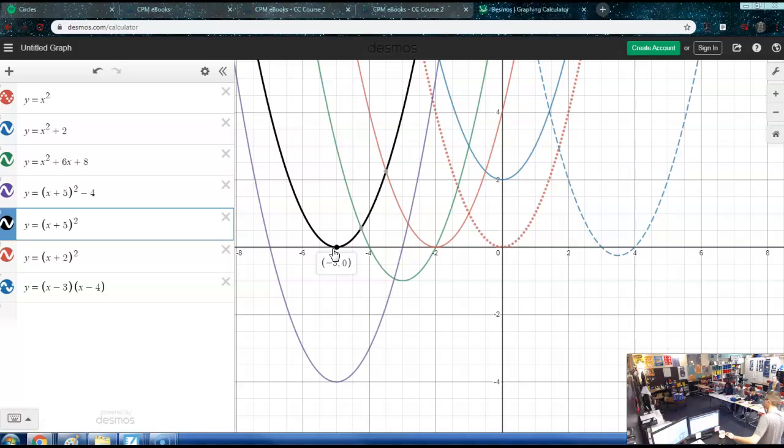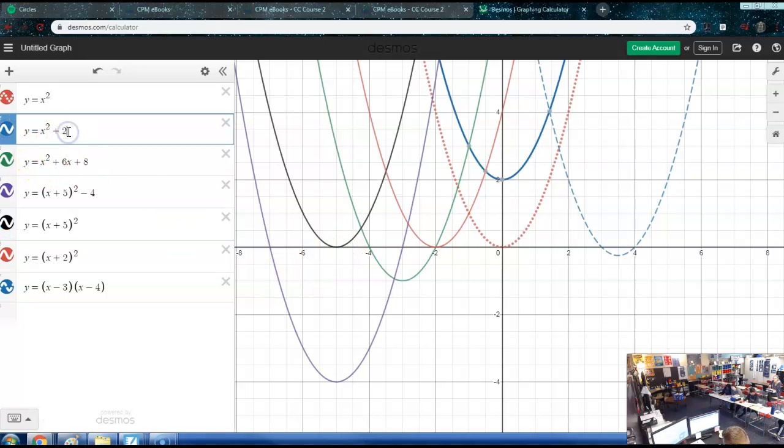But to shift horizontally, to make the graph of y equals x squared shift left or right, we're still going to add a constant, but it's inside with the x. Look at the difference between this, let's make this plus 5.